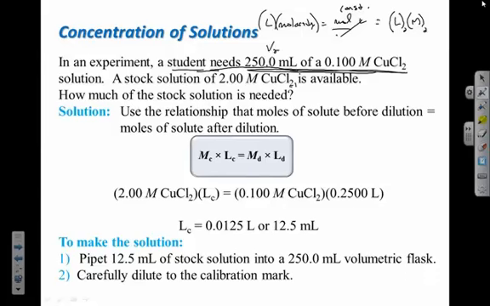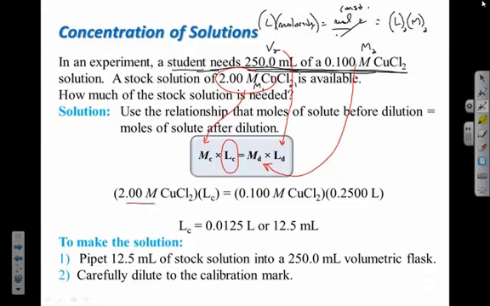So this is V2 and molarity 2, and this is the initial molarity. So we're plugging in the initial molarity, the final volume, and the final molarity. And we want to figure out how much of that initial concentrated solution we need to start with, so that when we add enough water, it will get us up to the 250 milliliters. So that's what we're solving for here, the initial volume.